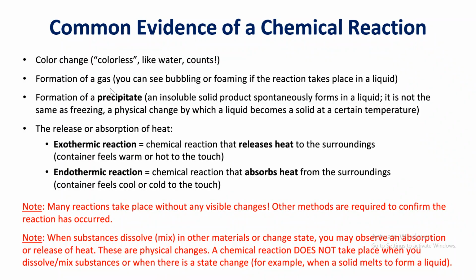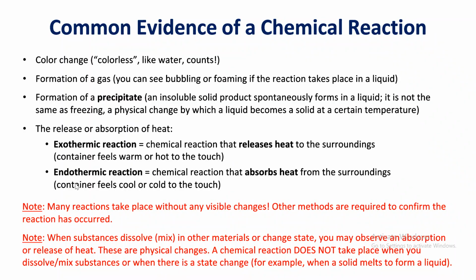If you form a gas, you're going to see bubbling or foaming. If the reaction takes place in a liquid, that's a chemical reaction. As we said, if you see a precipitate, which is an insoluble solid product that forms when you mix two liquids, it is not the same thing as freezing, and it's not a physical change. It is a new product that settles to the bottom because it's a solid.